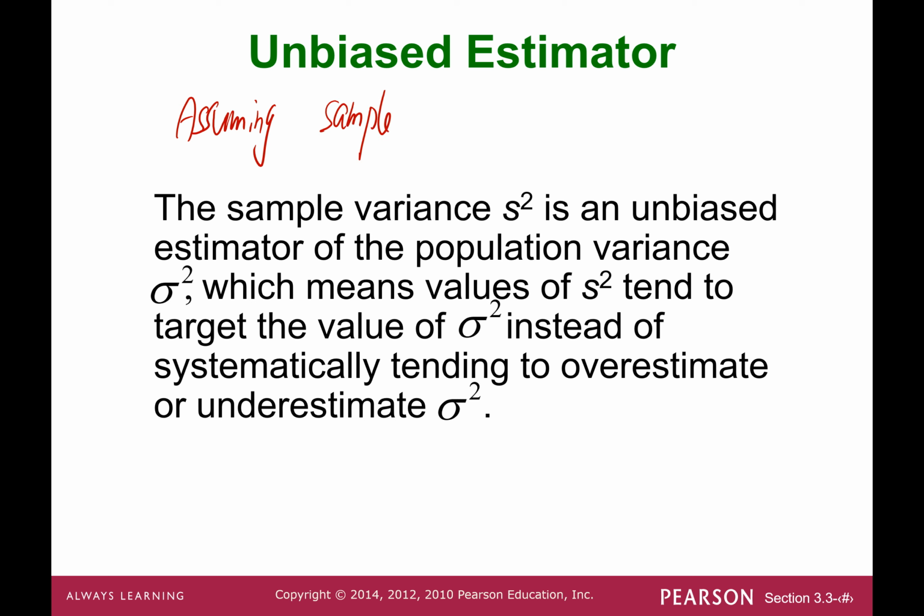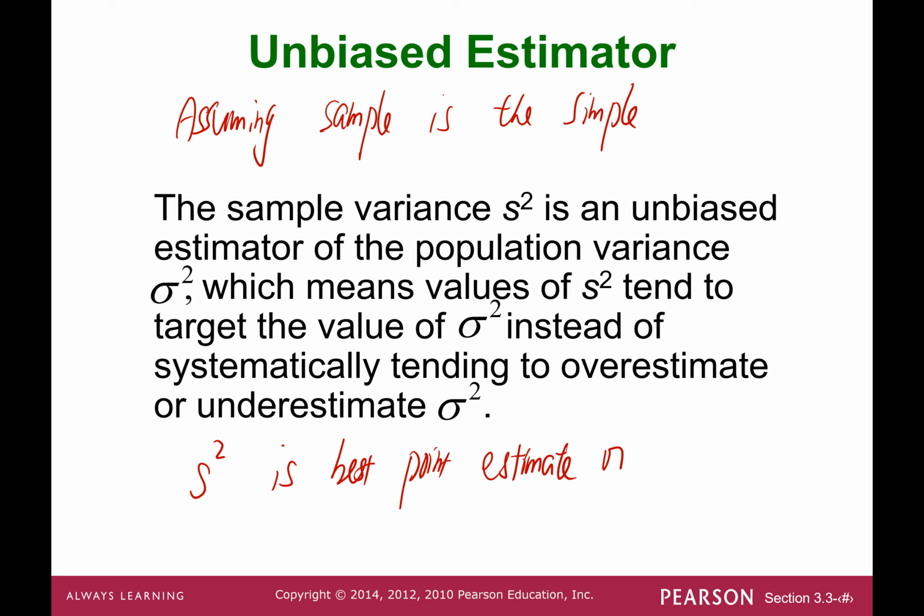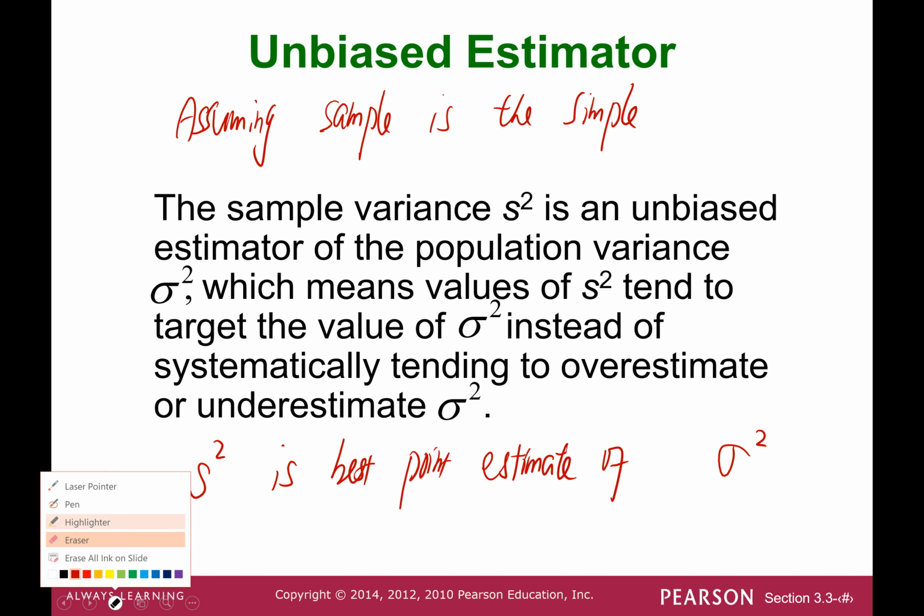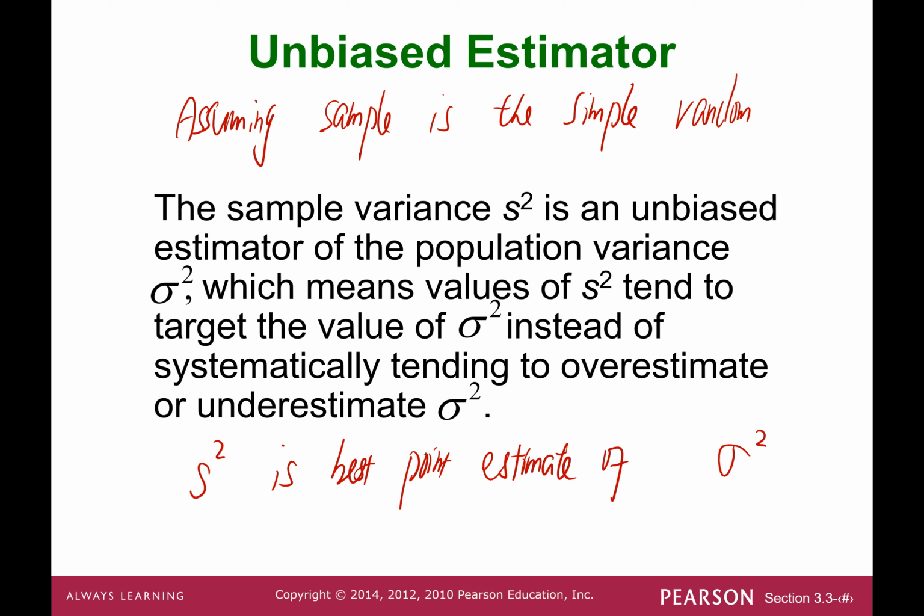If the sample is a simple random sample, then we can guarantee the sample variance s squared is the best point estimate of the population variance sigma squared. So a simple random sample is the most important assumption to guarantee the sample variance is the best point estimate of the population variance.